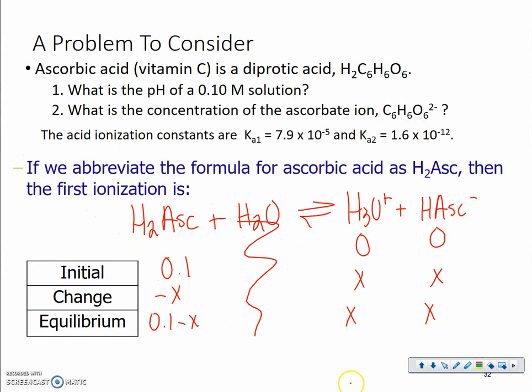Our HAsc and our H3O+ were both equal to x, which were both equal to 2.8 times 10 to the negative third.